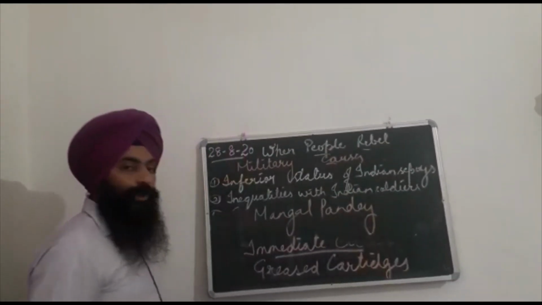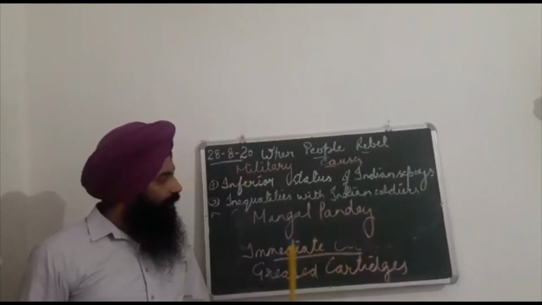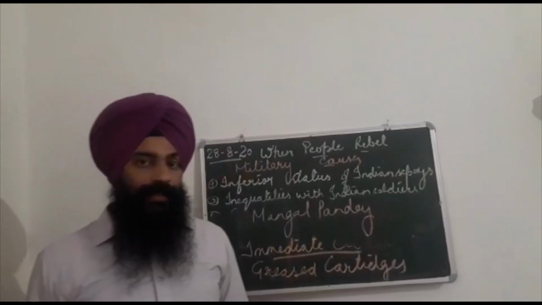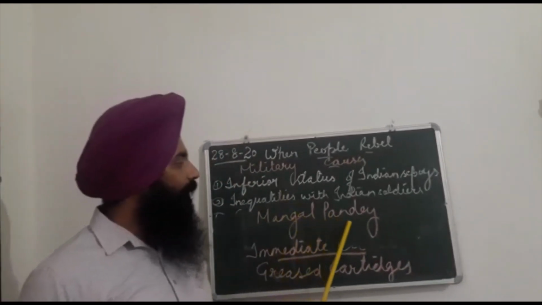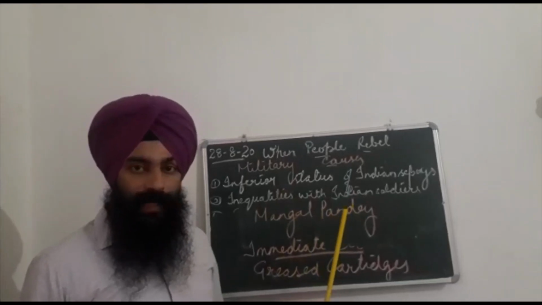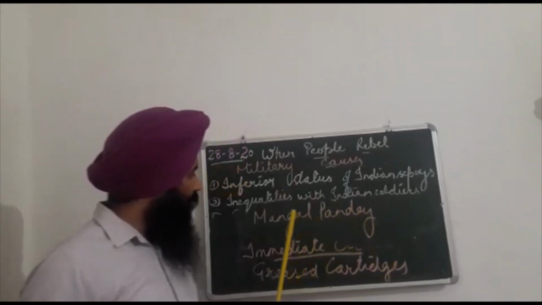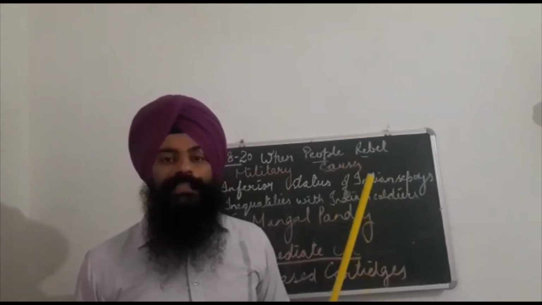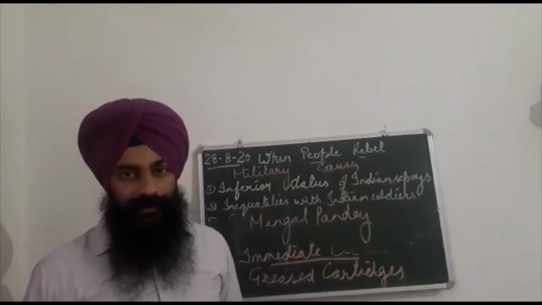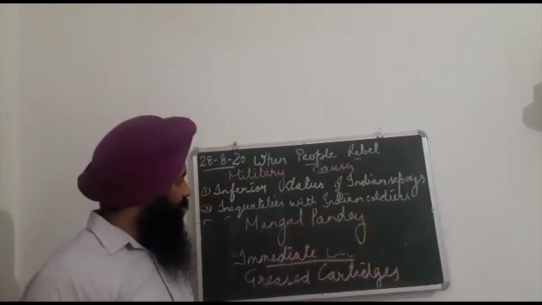He was the first martyr of 1857. Through the death of Mangal Pandey, the fire of the revolt spread to other areas. Clear? Now we will move towards the next one.